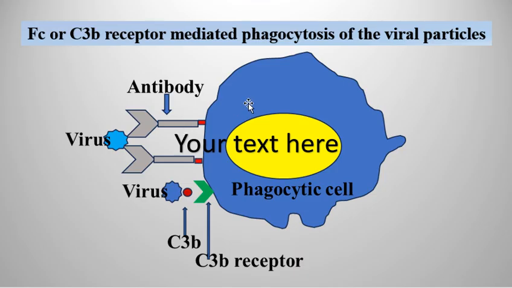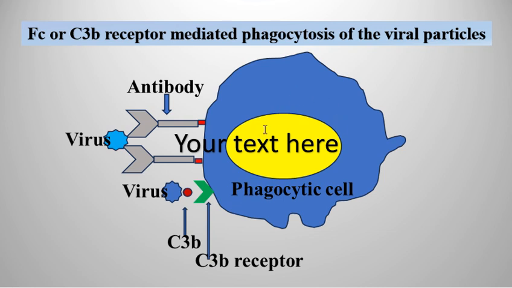As can be seen here, one of the most effective methods to eliminate virus is that the virus is captured by these antibodies, and then the antibodies opsonize the virus for the phagocytic cell.